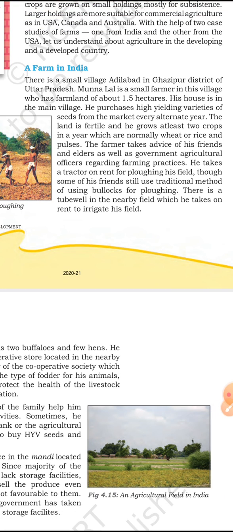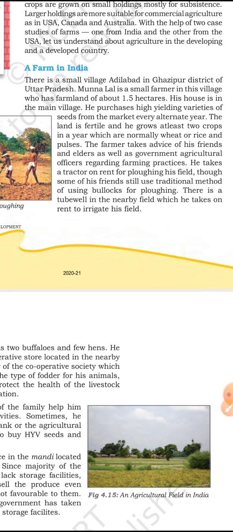His house is in the main village. First point, he purchases HYV, that is high yielding varieties of seeds, from the market every alternate year. The land is fertile, that is arable land, and he grows at least two crops, that is mixed farming, in a year, which are normally wheat or rice and pulses.